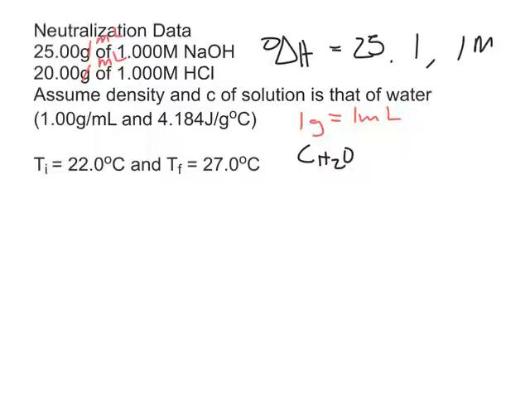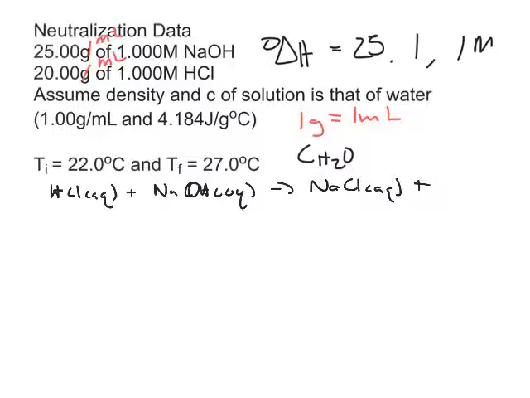Now before we get into it, I want to go back over the actual reaction that we did. We had aqueous HCl plus aqueous NaOH, and that made aqueous sodium chloride plus water, liquid state.